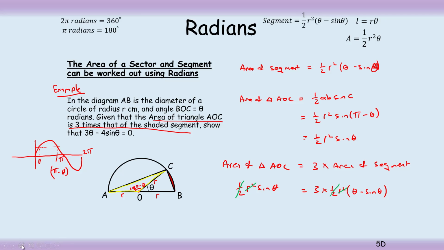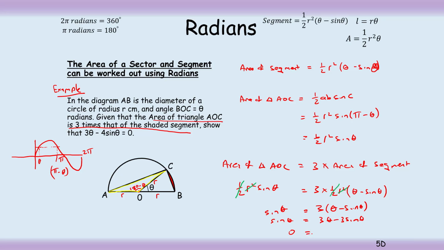So that leaves me with, green back to red, sine theta is equal to 3 times theta minus sine theta. Expand and simplify. Sine theta equals 3 theta minus 3 sine theta. And so if I take the sine theta over the other side, it becomes minus.